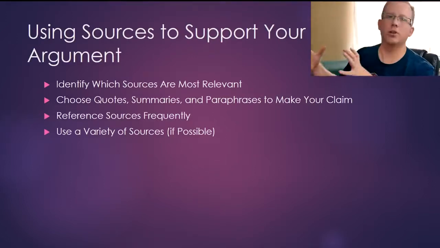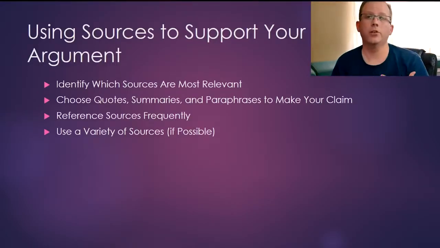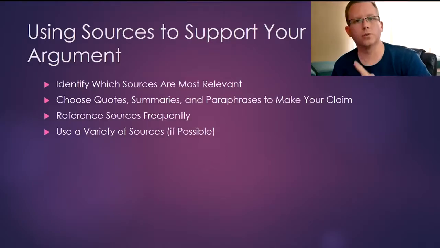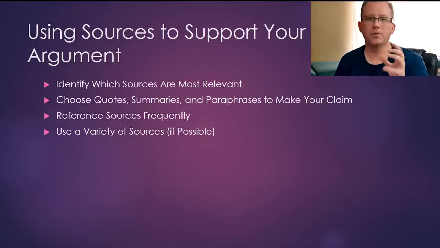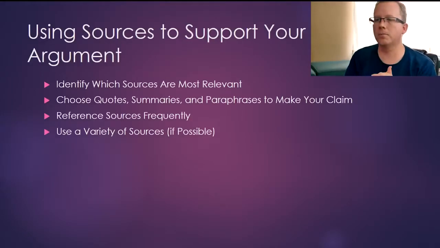You don't just take a big chunk of the source and drop it in and expect your reader to understand it. You need to use it well. And so when you reference your sources frequently, the most effective way to do that is to use little bits and to explain it. And we're going to talk about that in just a bit.